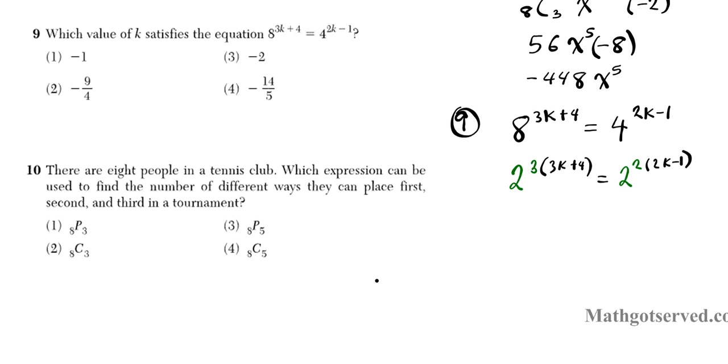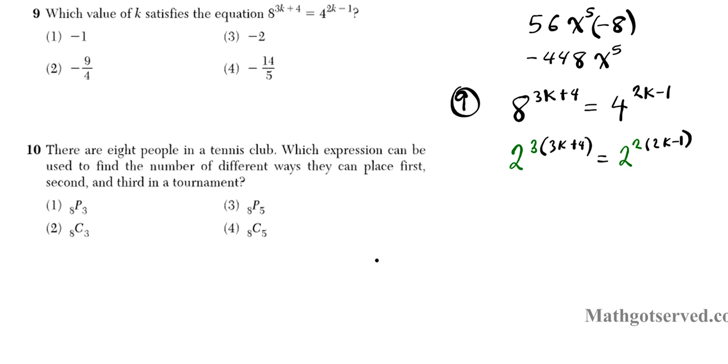Now, when you're simplifying these exponents, this 3 must be distributed to these two terms in this quantity, and this 2 has to be distributed to these two terms in the quantity right here. So we now have 2 to the 9k plus 12 equals 2 to the 4k minus 2.